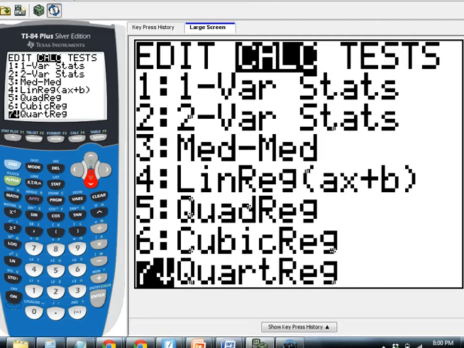We have the different options for a cubic regression, which would be a third-degree polynomial, a quadratic regression, which would be second degree, linear regression for first degree, and quartic regression, which is what we're going to use here in this case because we have a fourth degree polynomial. We've already determined by finite differences that was best.